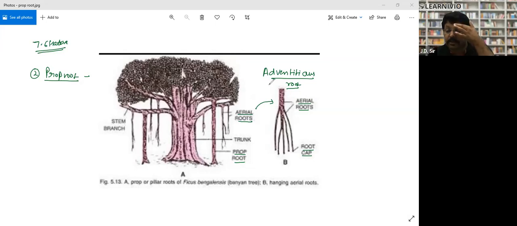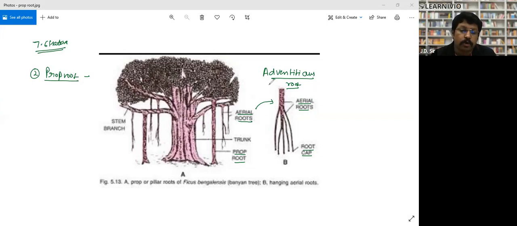As the root reaches the ground, they become thick and pillar-like. Full stop.